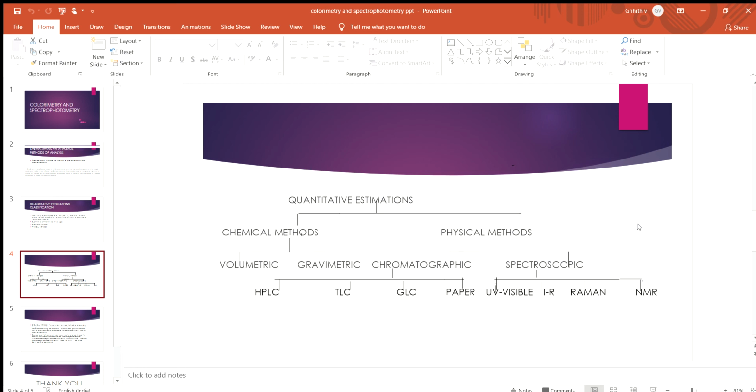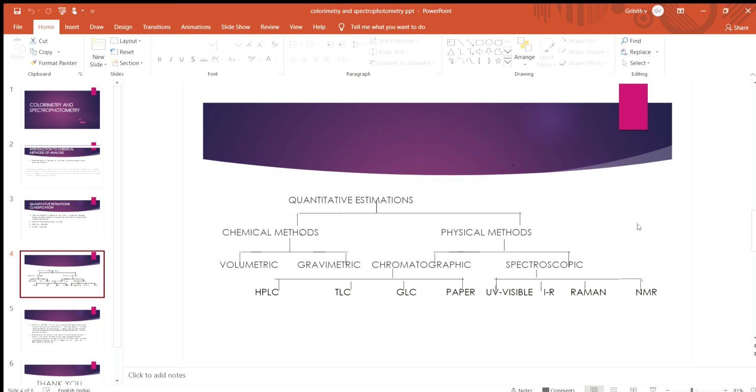Here we will be studying absorption spectroscopy. All these methods, UV-visible spectroscopy, IR spectroscopy, NMR spectroscopy, come under absorption spectroscopy.